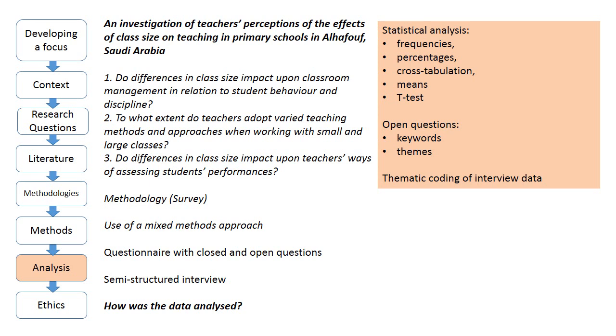But what's important, and what I keep reiterating, and I hope that if nothing else you might take the diagram on the left as being central to your developing thinking, is the whole idea of seeing a very clear flow and narrative as you move through the dissertation, from developing a focus and thinking about the context, to the research questions, to the literature, methodologies and methods and analysis.